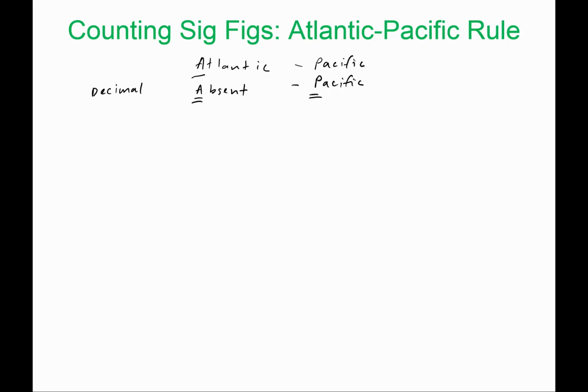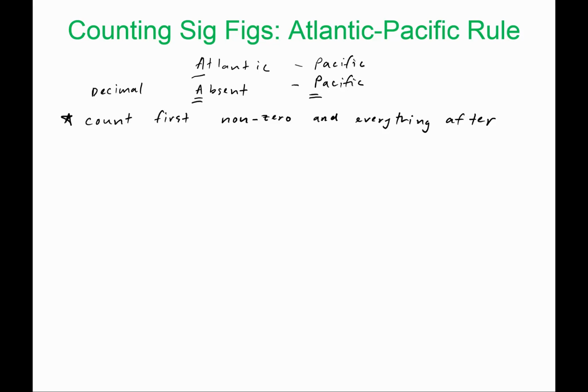There's really one rule for sig figs. You count the first non-zero and everything after, including any subsequent zeros that come after the first non-zero.